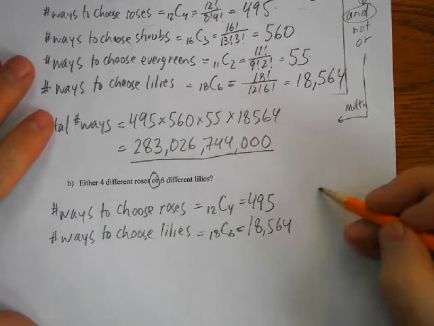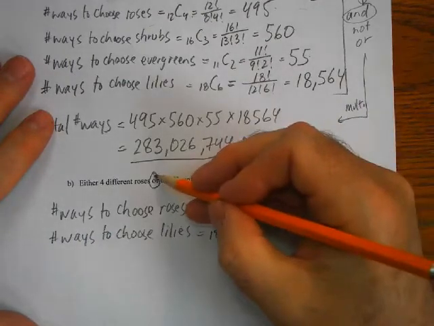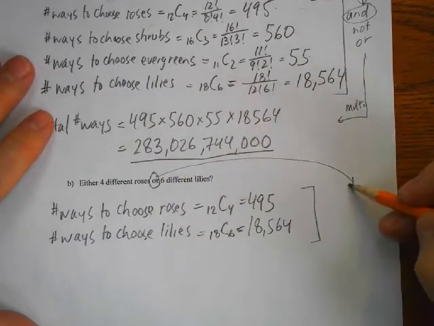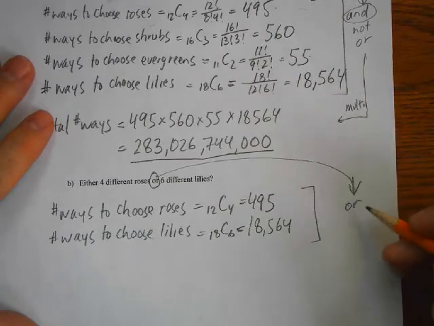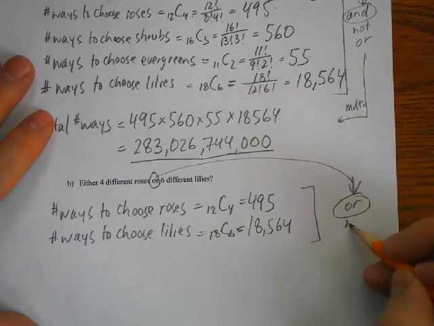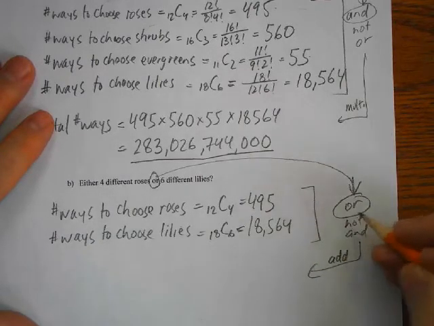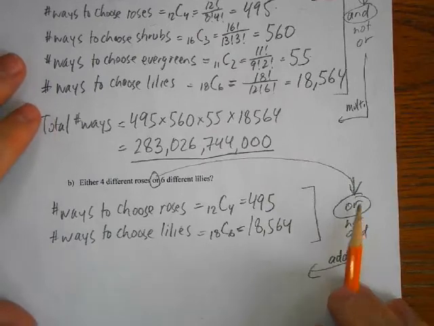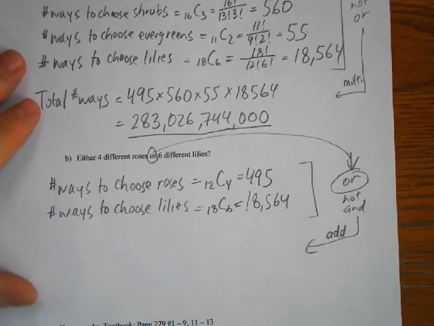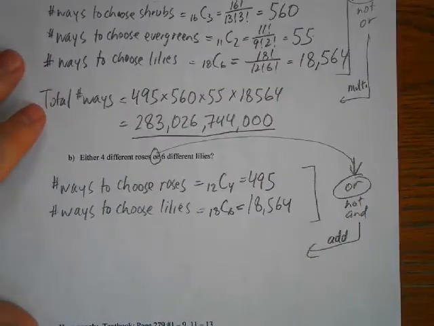Now, what do we do with them? Well, we've already talked about it. This is "or," not "and." Therefore, we're going to add, because it's the additive property of counting due to the word "or," one or the other. You don't multiply them.